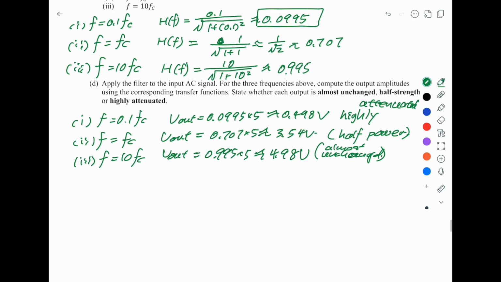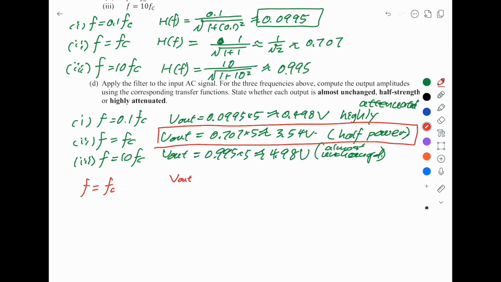Now I want to look at the second case here to clarify something interesting. When f equals fc, the output is equal to 0.707 of the input, so Vout over Vin is 0.707.